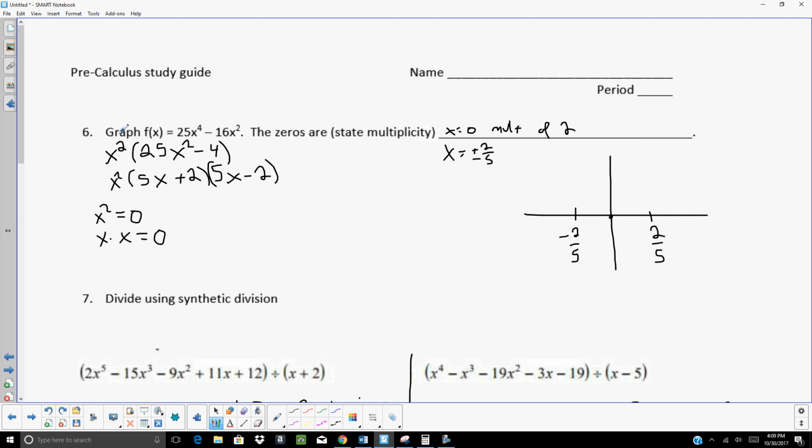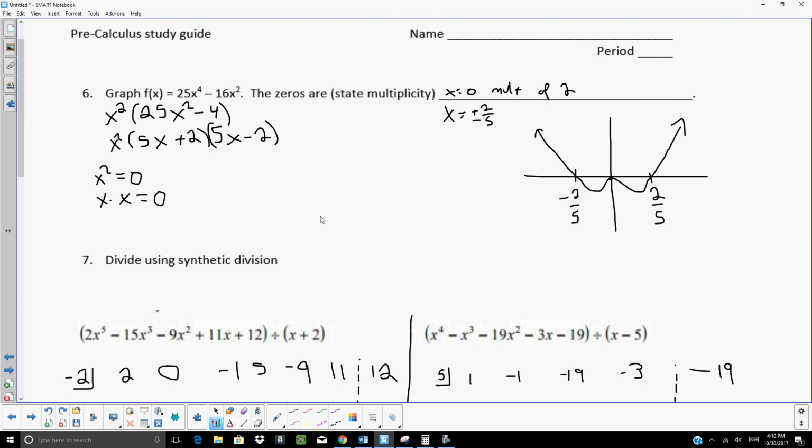But I also know that my degree is even with a positive leading coefficient, so my end behavior is up, up. So what happens is it's going to cross, and for a double root, it just hits it and bounces off, and then goes back through. So it's going to look like that. Kind of looks like a W for Wheeler.